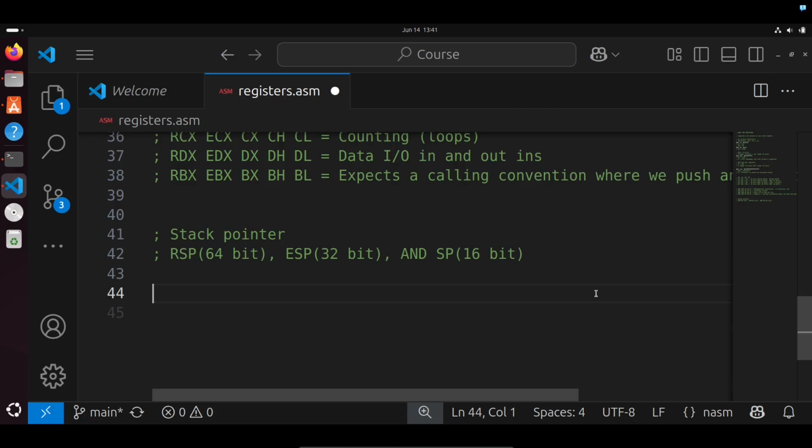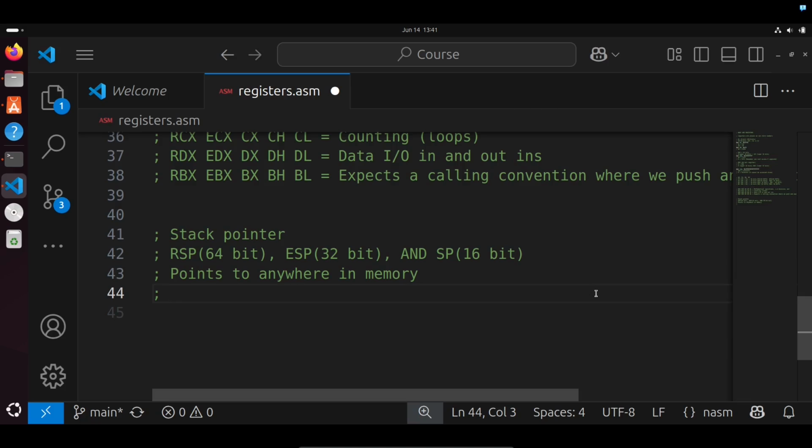So the stack pointer essentially points to anywhere in memory, and you basically define it. You, the programmer, define it, or the kernel defines it. You decide where you want it to be in your accessible memory.